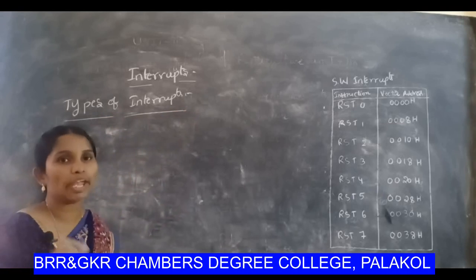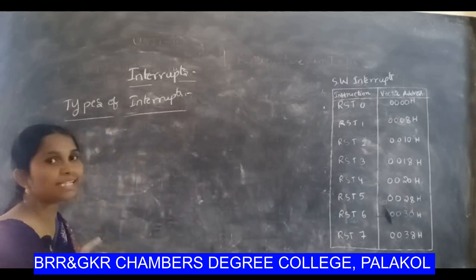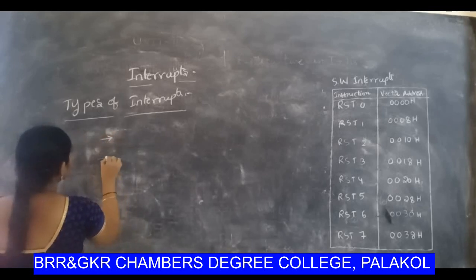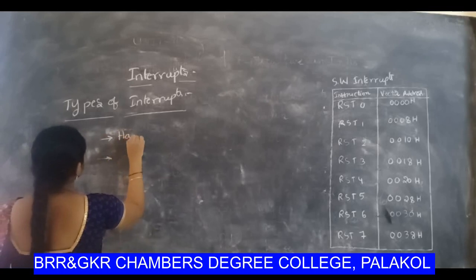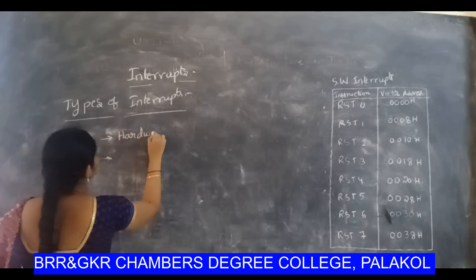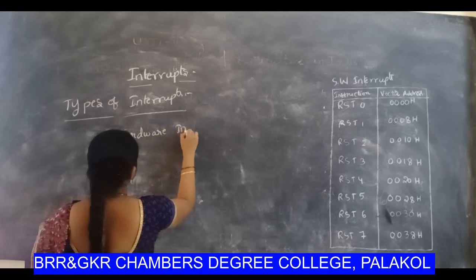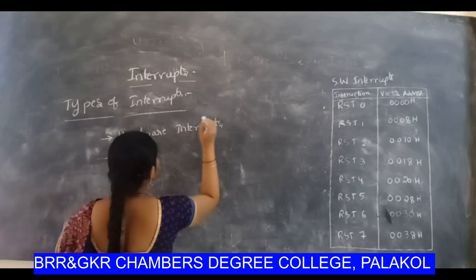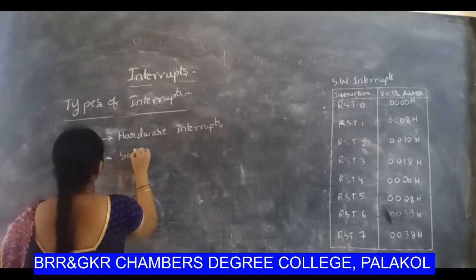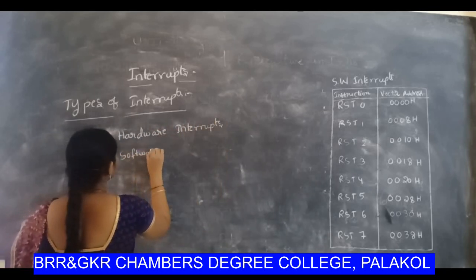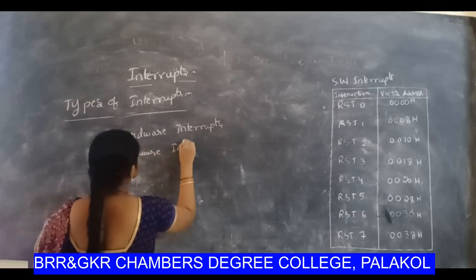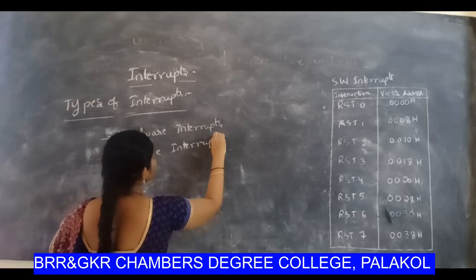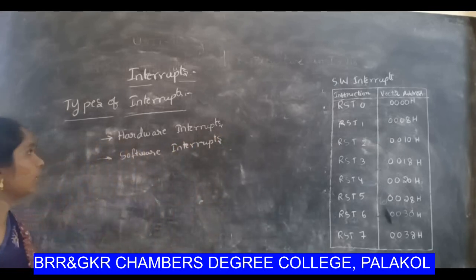That means the 8085 has two types of interrupts: hardware interrupts and software interrupts.